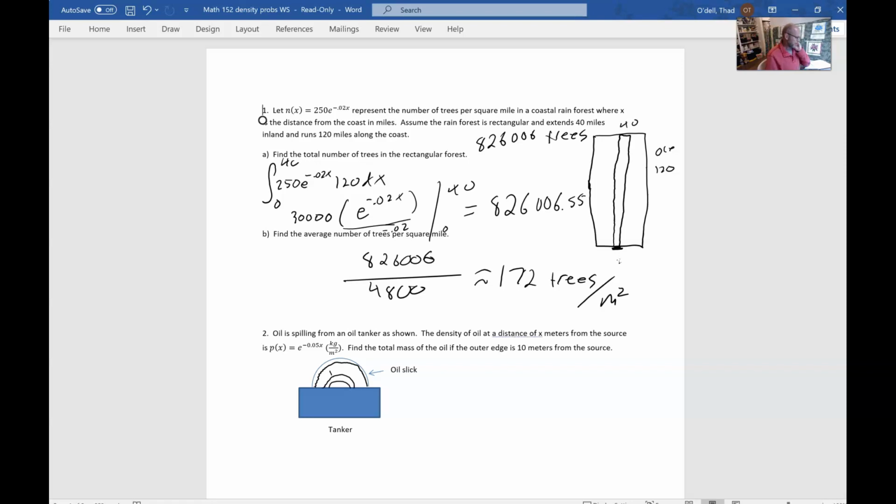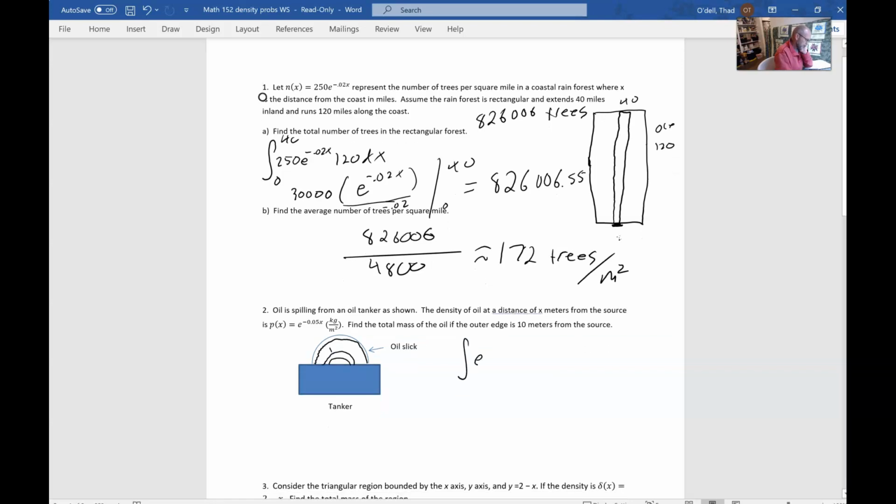So we have to find the area of those strips and multiply it by the density equation. So we're going to integrate e to the negative 0.05x times the area of one of those strips.